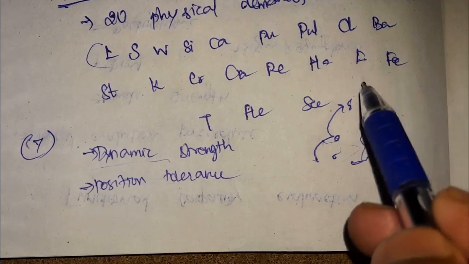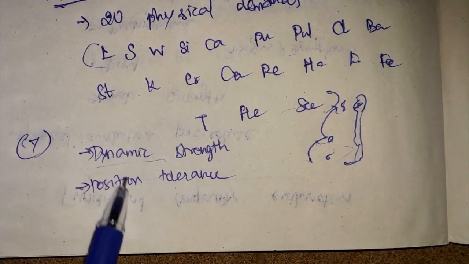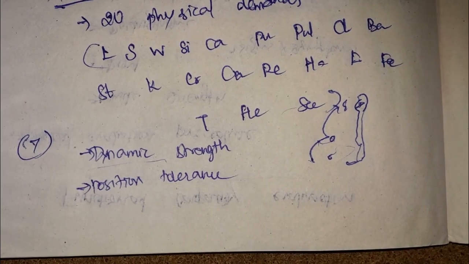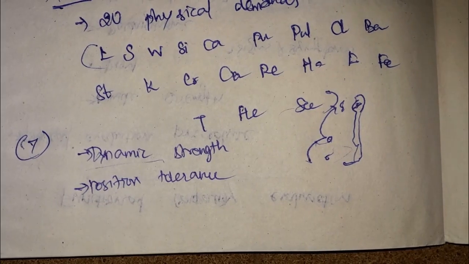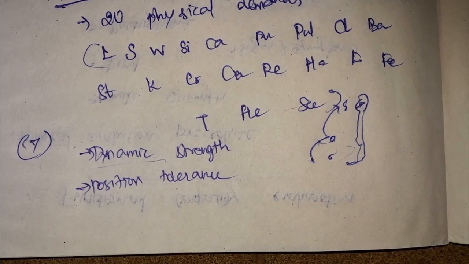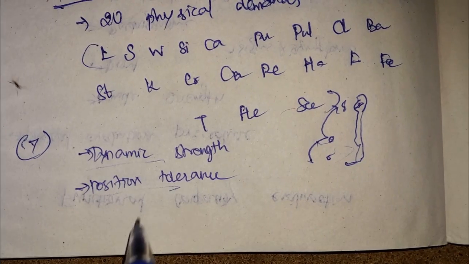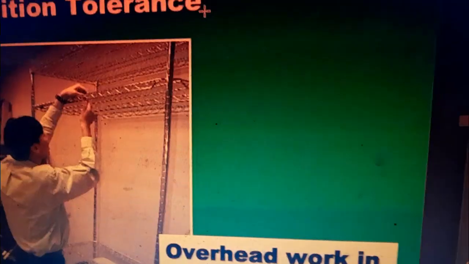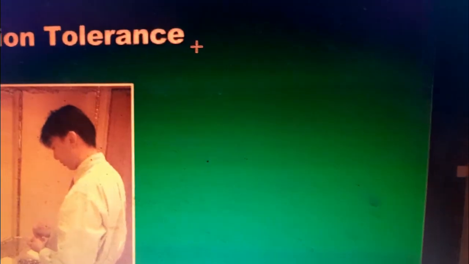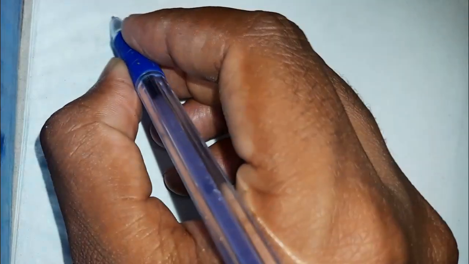These demands are going to be measured by these 7 sections. Everything comes inside these, but we have the categories. Under position tolerance we have sitting position, standing position, overhead work in standing, lower work in standing, kneeling, lower work in sitting, overhead work in supine, and squatting. Then the third section is the mobility section.